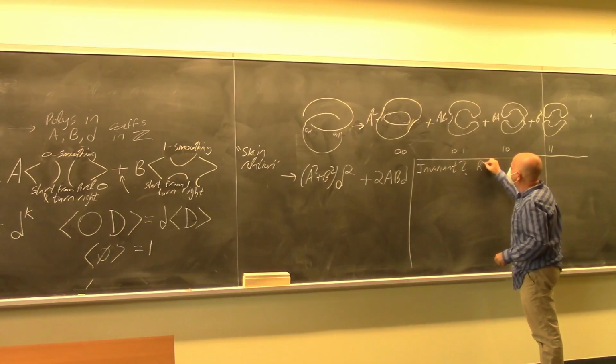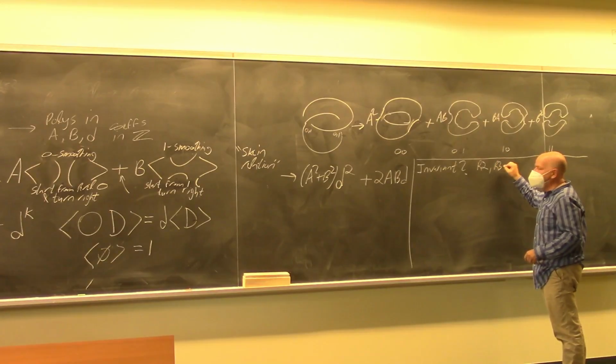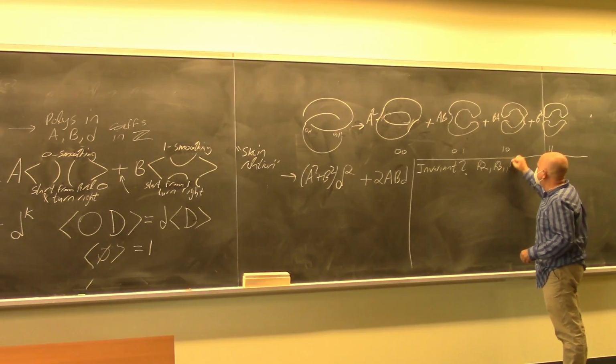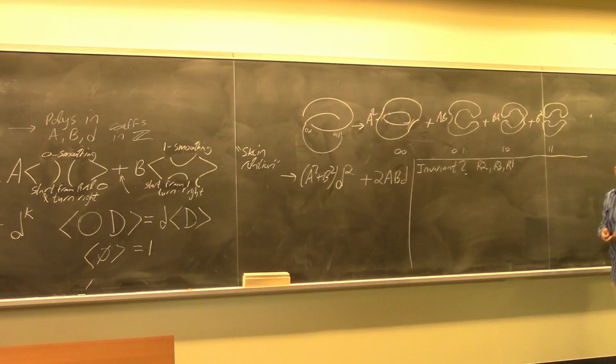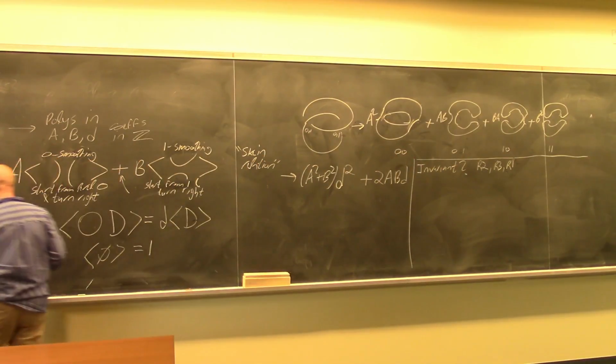So you start with Reidemeister 2, it's hard. You then do Reidemeister 3, it's easy. And then you do Reidemeister 1, and you have to learn something new. So it's not the order you think. Anyway, let's check Reidemeister 2.